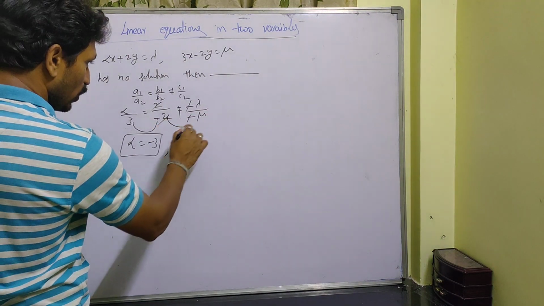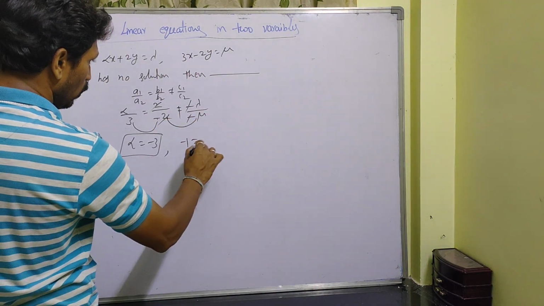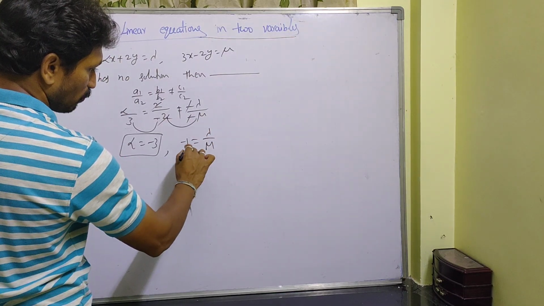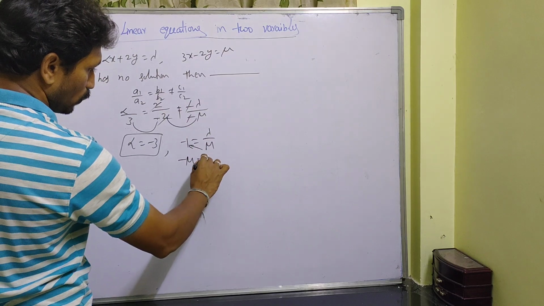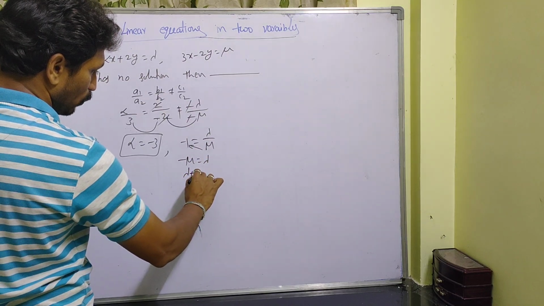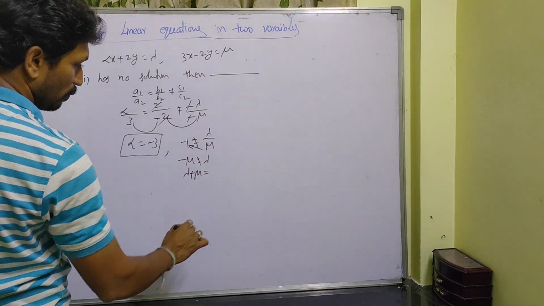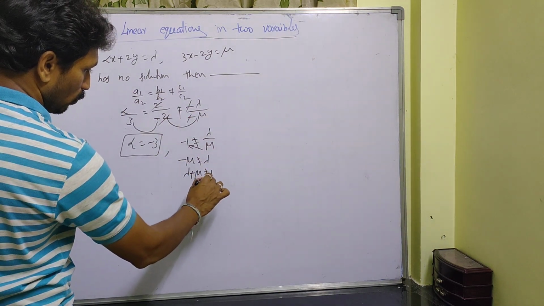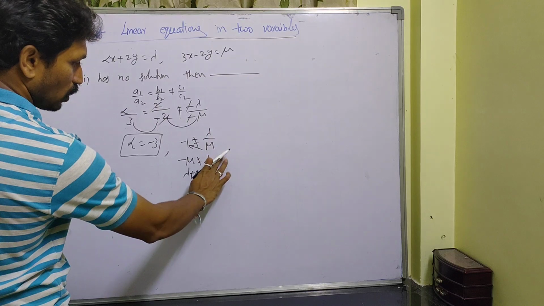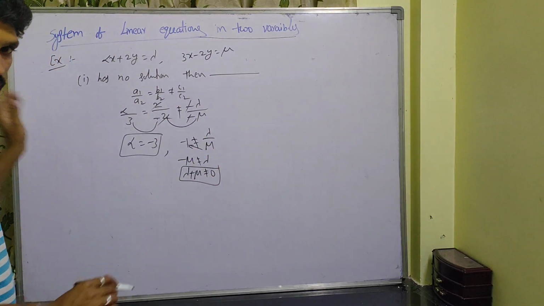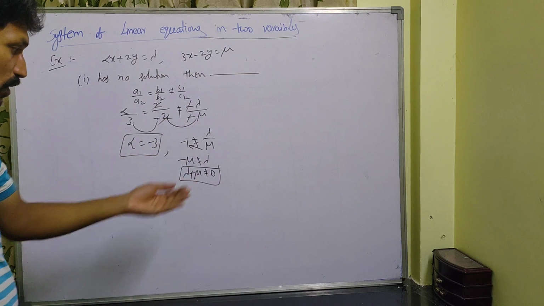And if you equate these two, what you get? It is minus 1 is equal to lambda by mu, and minus mu is equal to lambda, cross multiplication. And lambda plus mu is not equal to 0. Actually, it is not equal to symbol here, so keep not equal to 0. Actually, minus mu transpose this side, lambda plus mu is equal to 0. This is the one more condition we have here.